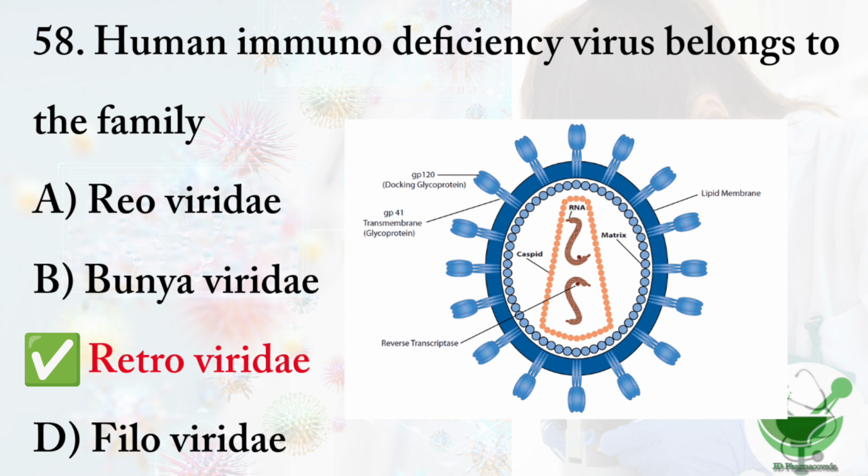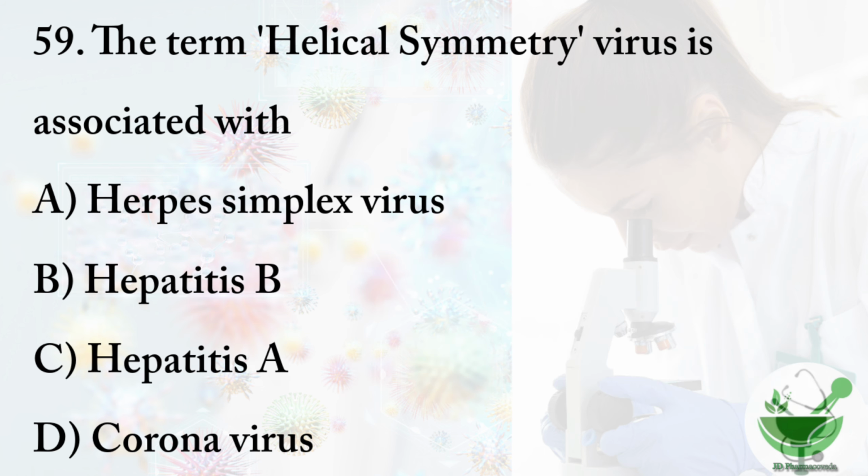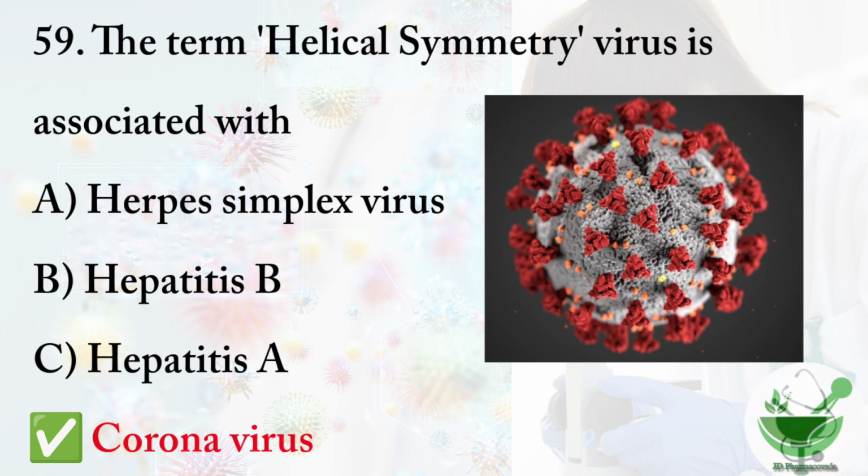So we know that HIV is a retroviral type. Then question number 59, the term helical symmetry virus is associated with. The options are option A, herpes simplex virus, option B, hepatitis B, option C, hepatitis A, option D, coronavirus. So the right option is option D, coronavirus.